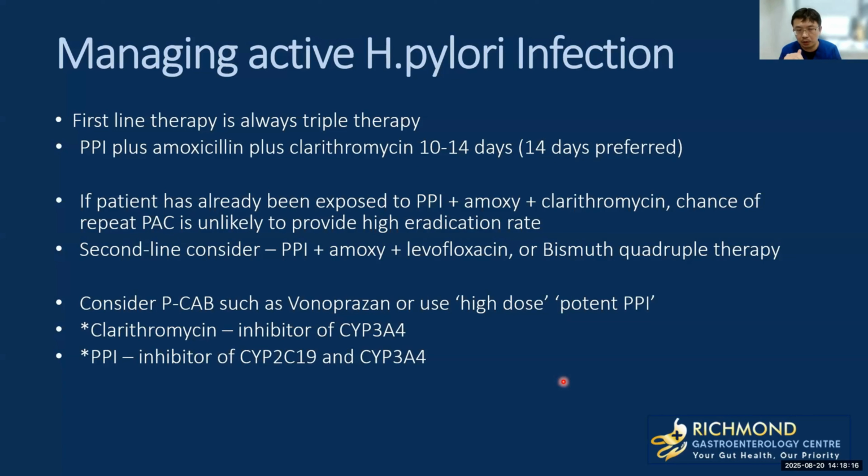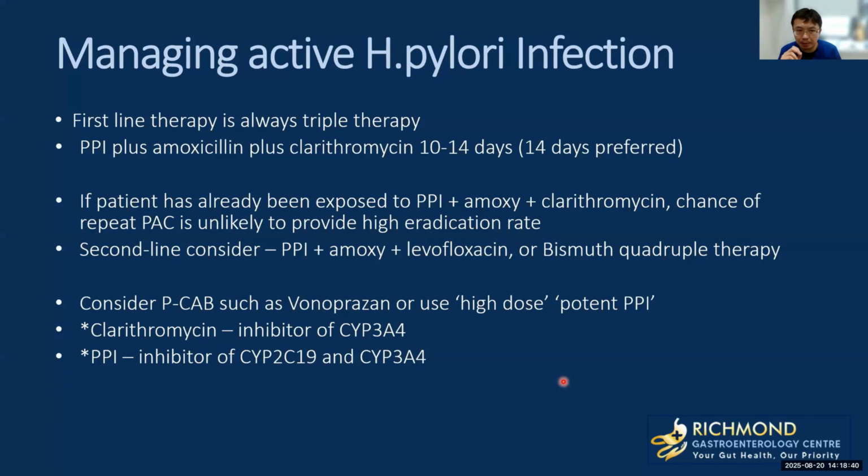So you can consider high dose amoxicillin in the second line, 1 gram TDS plus levofloxacin, or you can add in a bismuth. We do have it available in Singapore. Consider vonoprazan or a very high dose potent PPI, for example, 40 milligrams BD of esomeprazole.